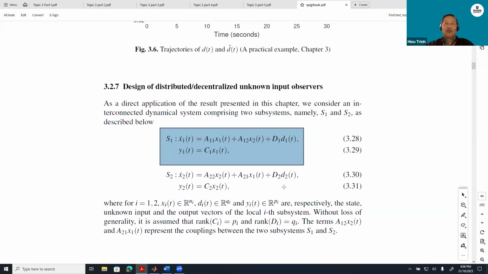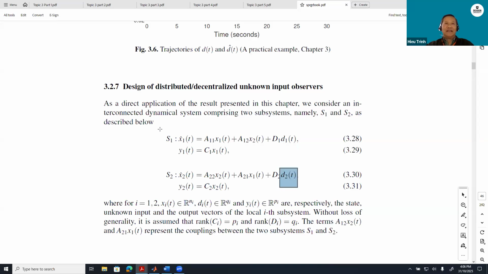For the sake of simplicity, it can have more than two subsystems. But what we would like to do is design a distributed unknown input observer, one at each subsystem, and at each subsystem, the unknown input observer asymptotically estimates the unknown input vector in that subsystem in the presence of the interconnection of the other unknown input entering the other subsystem.